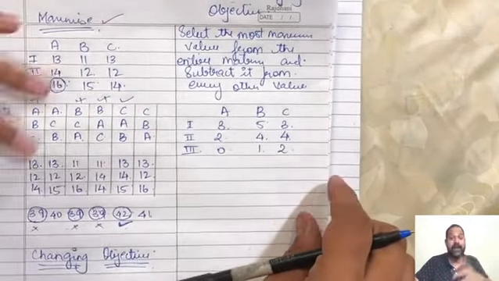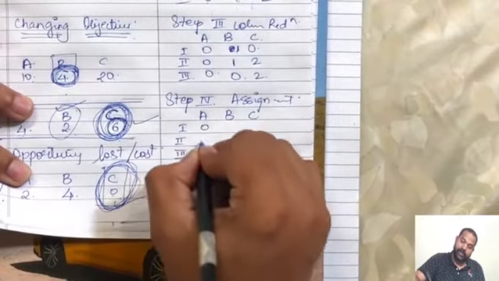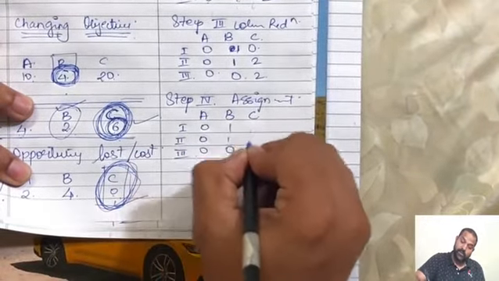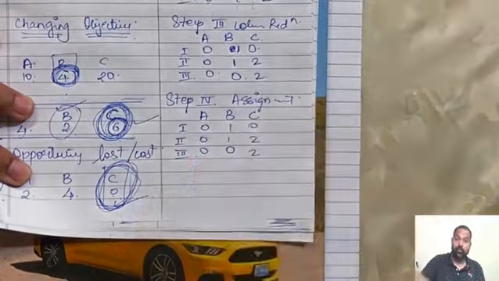So 0, 2, 2. Does every row and every column have a 0? Yes. Then we move on to step 4, and that is assignment. So I have A, B, C, 1, 2, 3, 0, 0, 0, 1, 1, 0, 0, 2, 2.